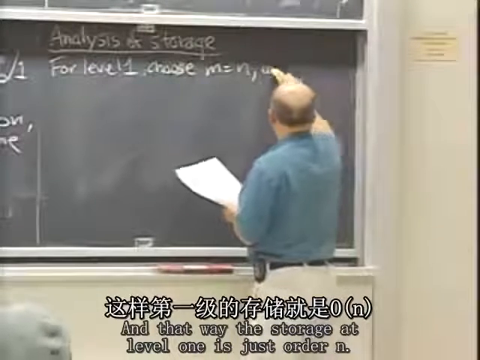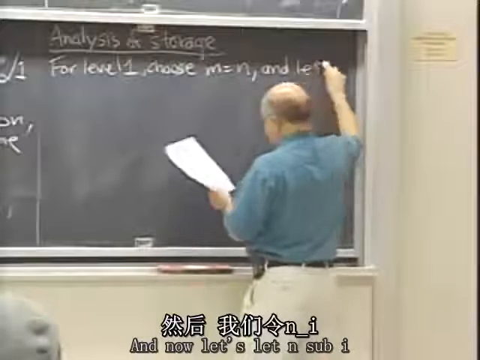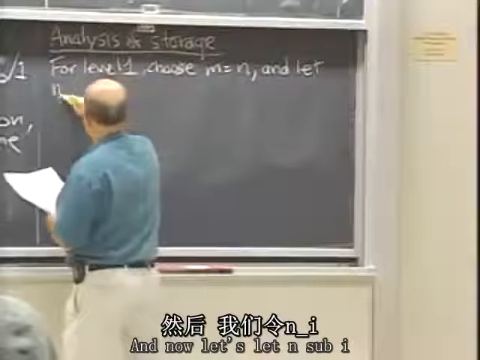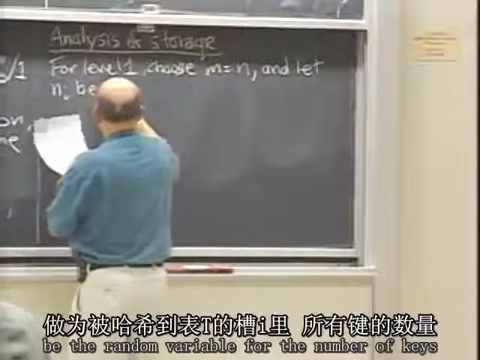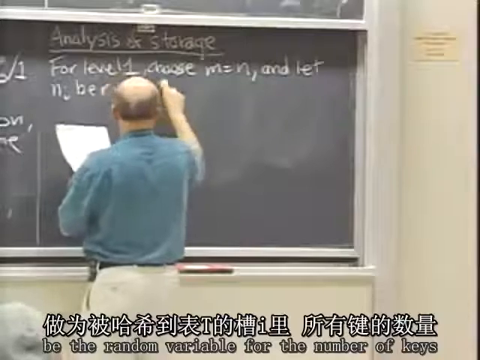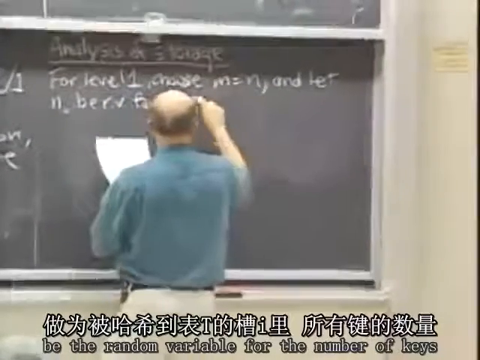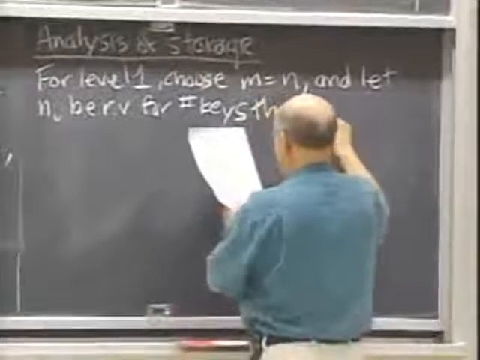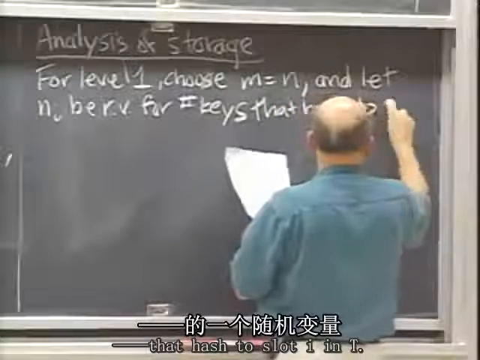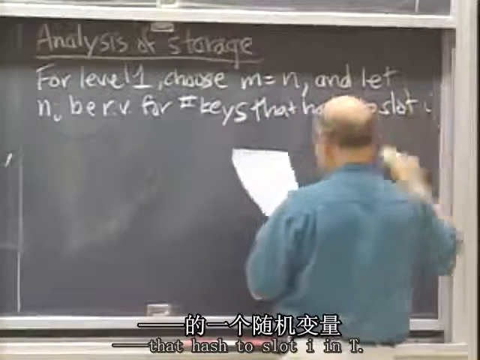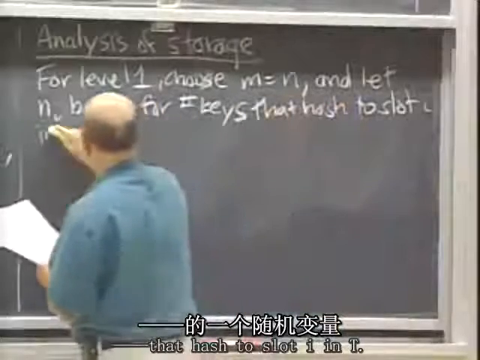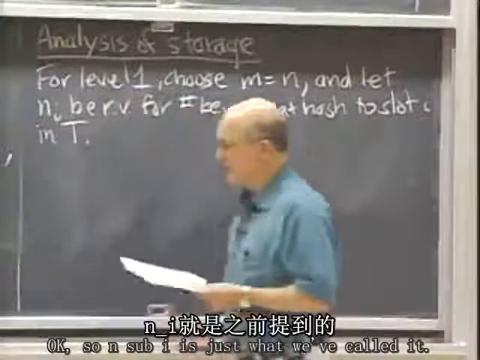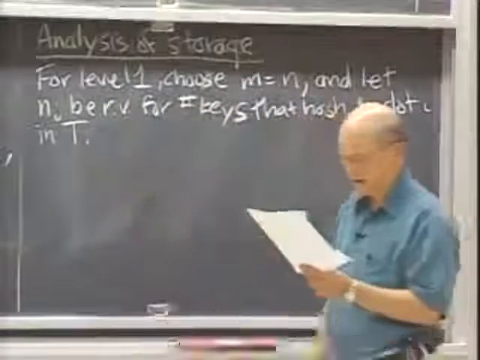And now let n sub i be the random variable for the number of keys that hash to slot i in T. Okay, so n sub i is just the number of elements that land in that slot.